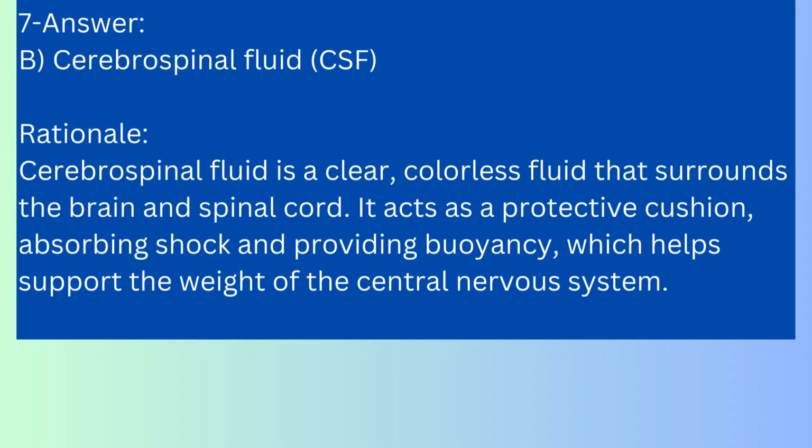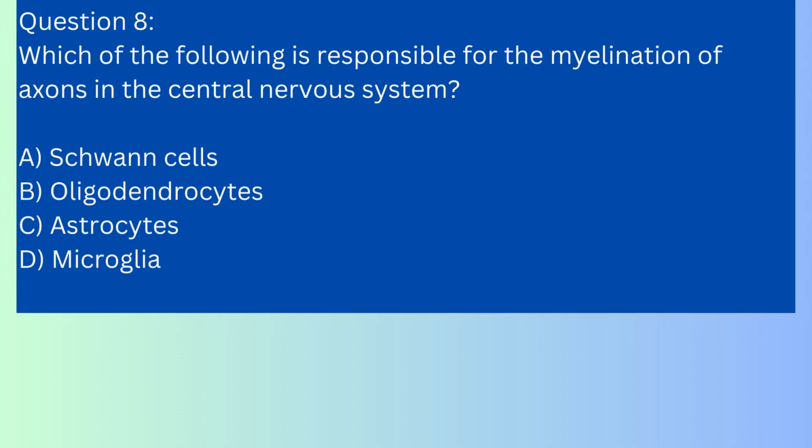B. Cerebrospinal fluid, CSF. Rationale. Cerebrospinal fluid is a clear, colorless fluid that surrounds the brain and spinal cord. It acts as a protective cushion, absorbing shock and providing buoyancy, which helps support the weight of the central nervous system.